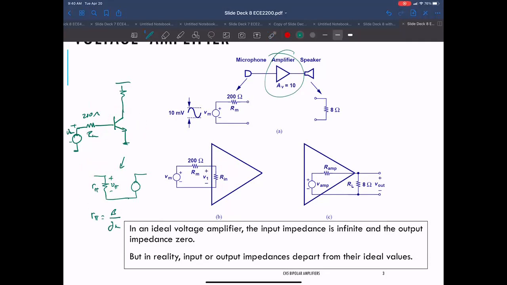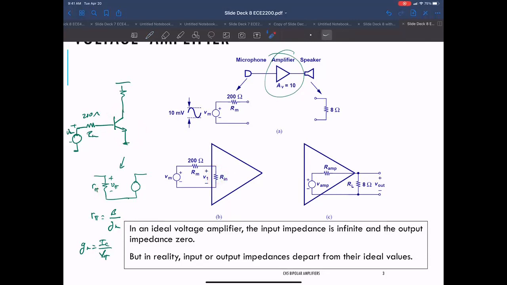Beta is a function of our transistor, but G sub m, as you remember, is a function of the collector current. As designers, we can design that collector current to be what we'd like, within constraints. So we can adjust this R sub pi, this input resistance, somewhat.